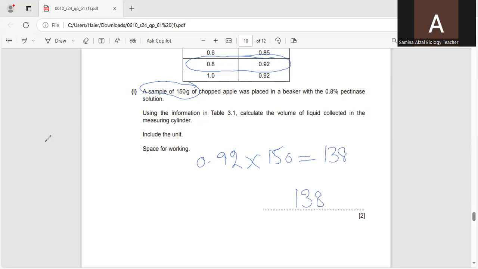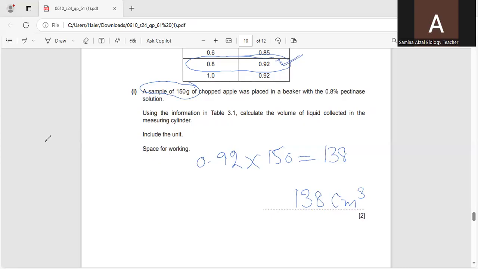So it is the answer. Simply, we will use this 0.92, which is the highest volume obtained at the percentage value 0.8.